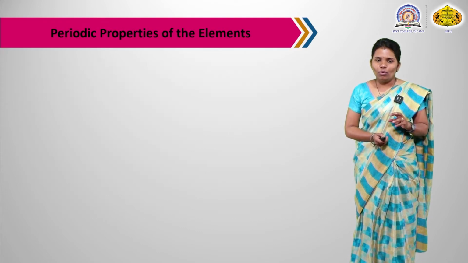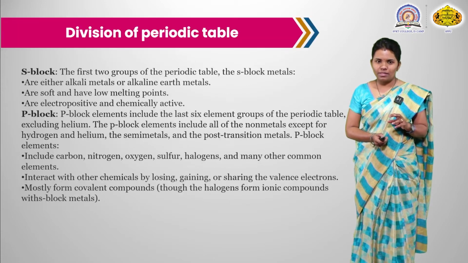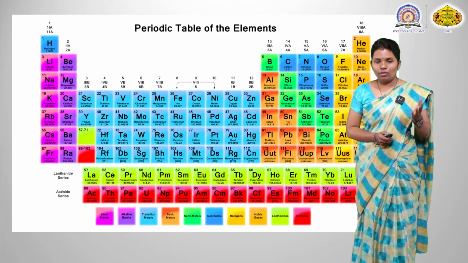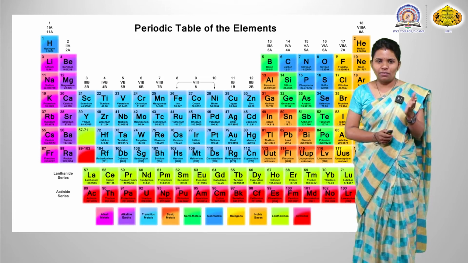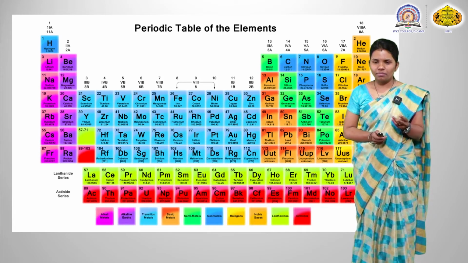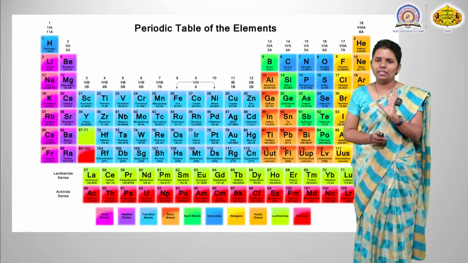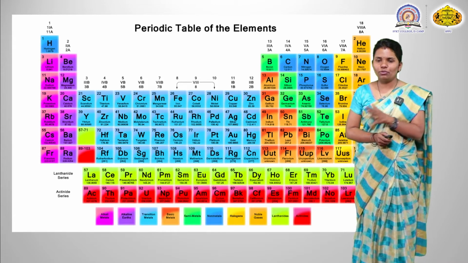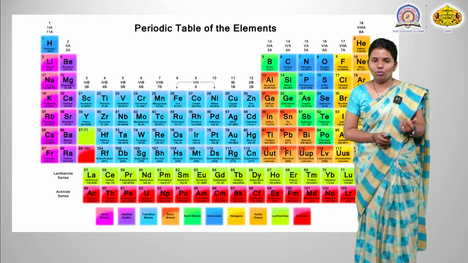As we go through the periodic table, you can see that from left to right, that is from lithium to neon or sodium to argon, the atomic radius decreases from left to right and increases from top to bottom.